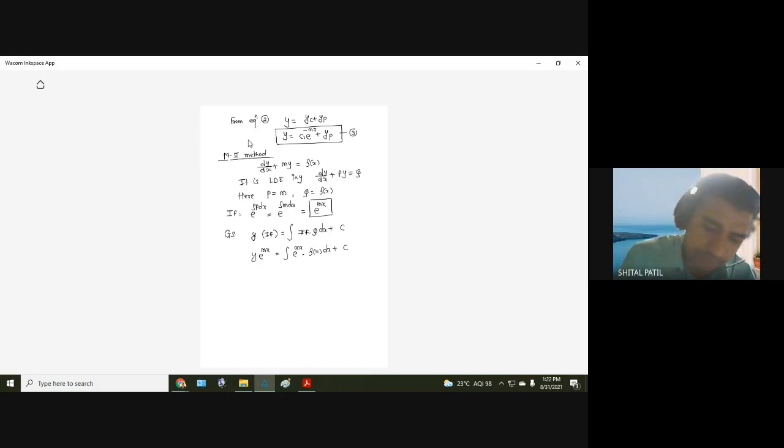Okay, our aim is to find y, so multiply by e raised to minus mx. So y equal to e raised to minus mx times integral of e raised to mx f of x dx, plus c times e raised to minus mx. This is the general solution.